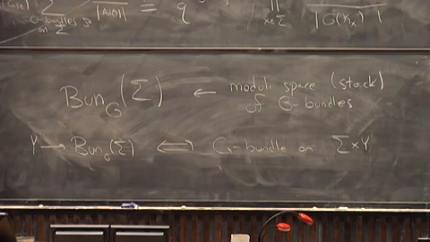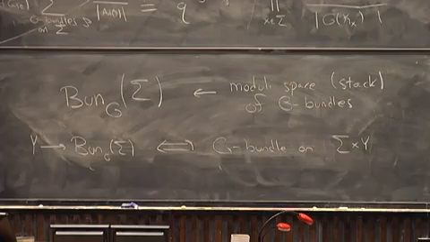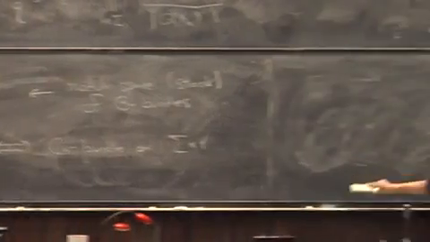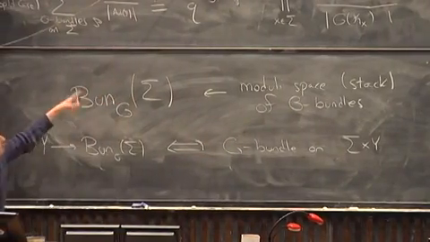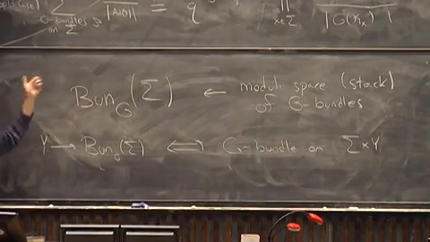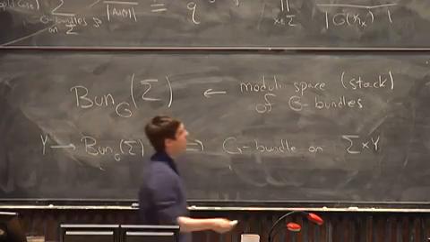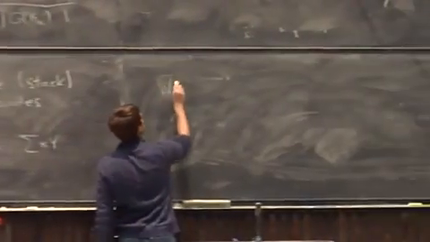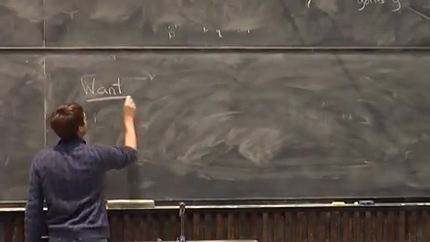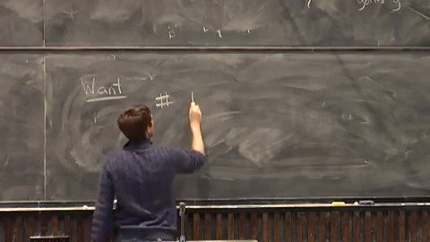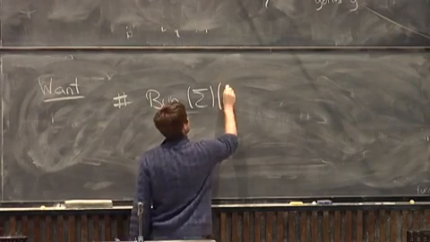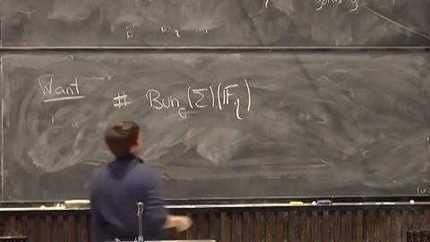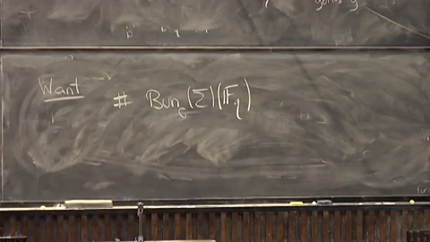So in those terms, what are we trying to do? Well, we're trying to look at solutions to those equations inside the field F_q. So what we want is to know the number of F_q points of this moduli space.